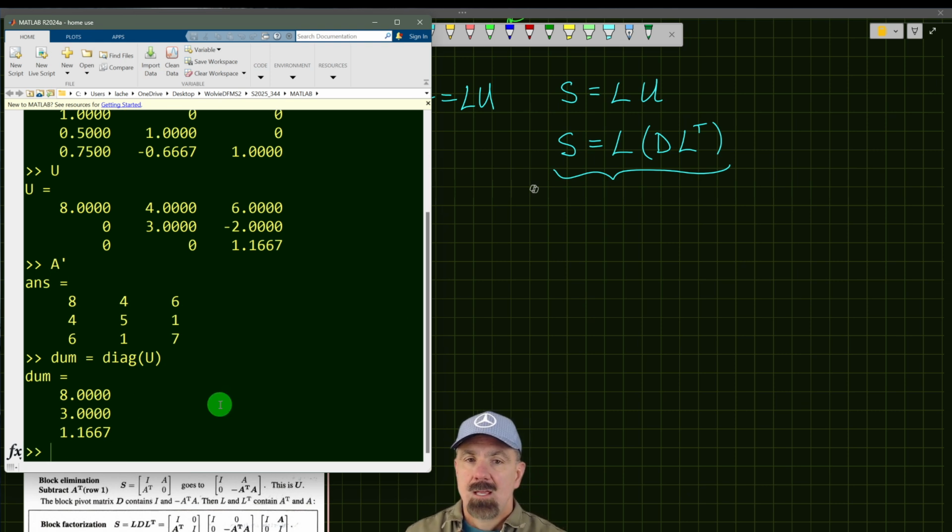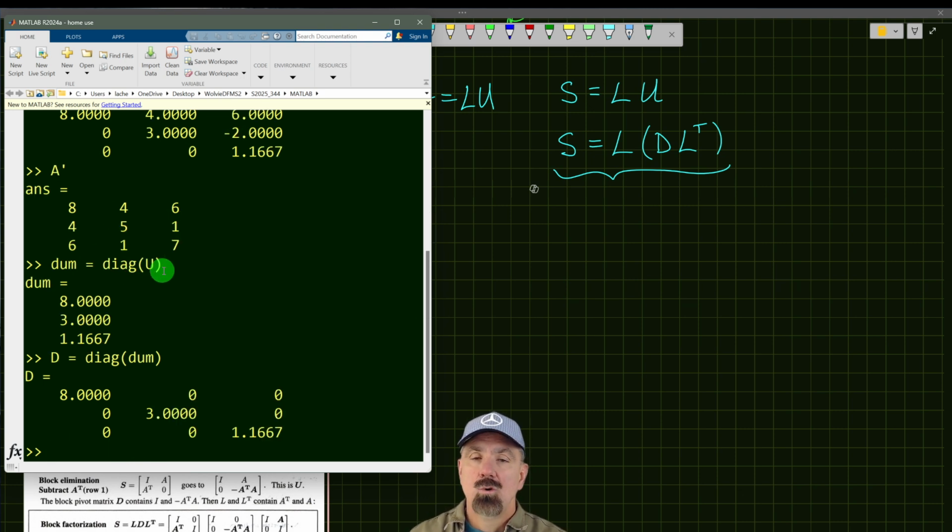Okay. If I feed it a vector, so I'm going to say D is equal to diag of DUM, it's going to build a square matrix with this vector along the main diagonal. So it's a dual use function. Give it a matrix, it gives you the main diagonal. Give it a vector, it gives you a matrix with that vector as the main diagonal.